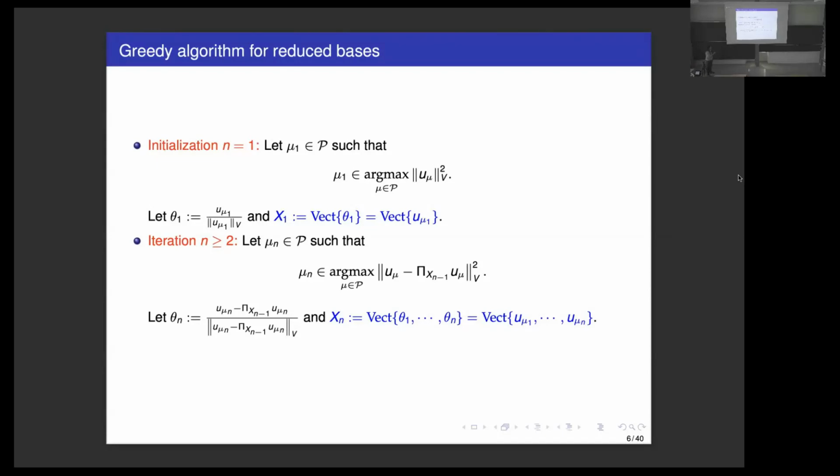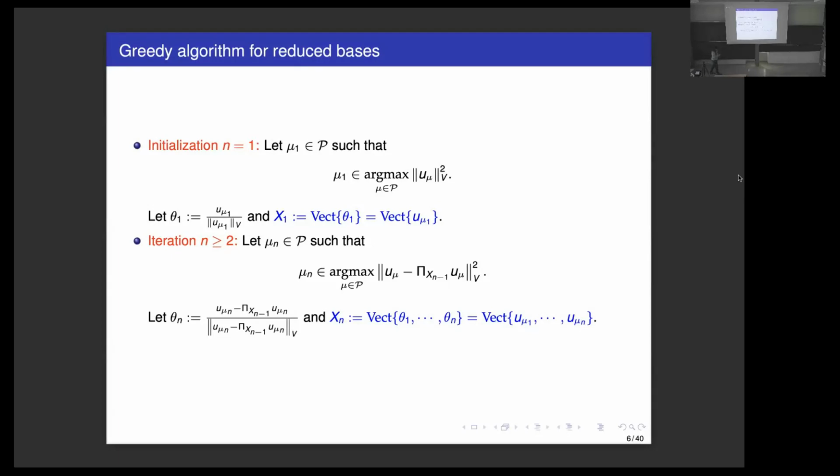So its initialization phase reads as follows. You first select one value of the parameters, mu1, such that mu1 maximizes over the set of parameter values mu the norm of u mu in V squared, okay? And then you select the first one-dimensional subspace X1, which will be the vectorial space spanned by u mu1, okay?